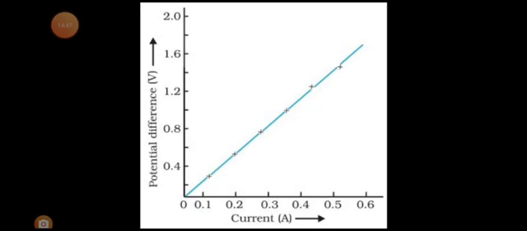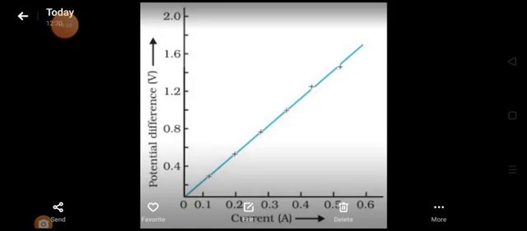Hence, he derived a conclusion that the potential difference applied across the ends of a conductor is directly proportional to the current flowing through it, provided all physical conditions remain constant. This is the famous Ohm's law.